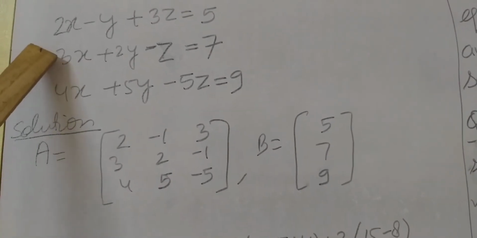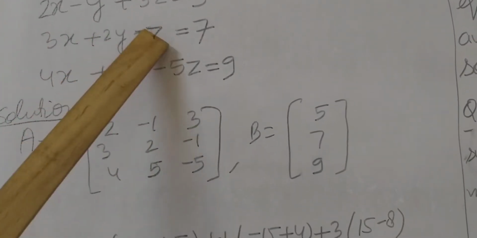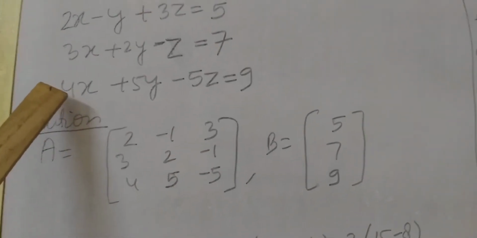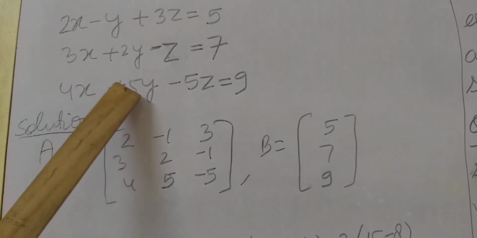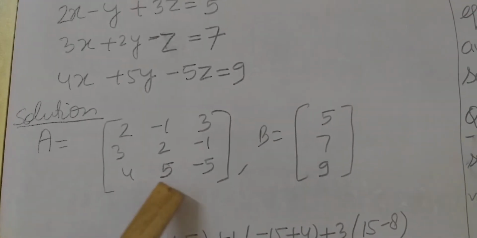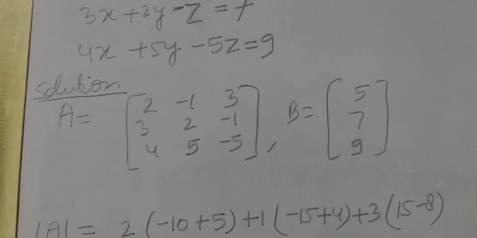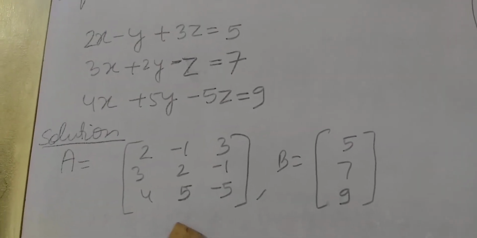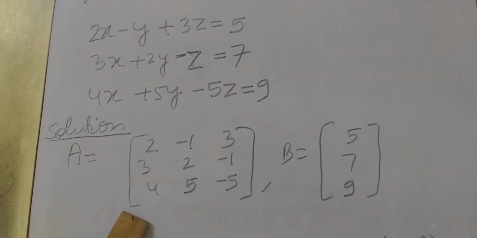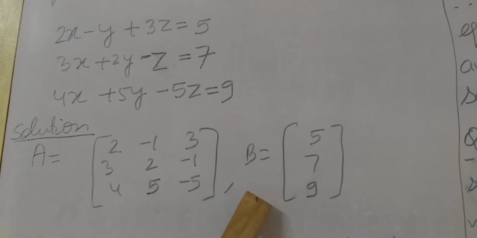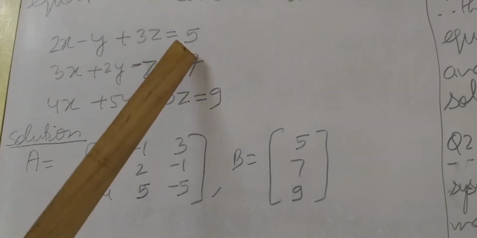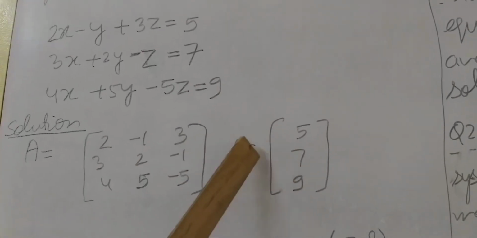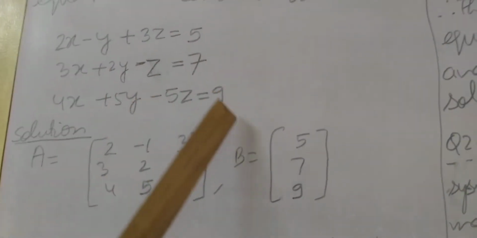Now in row 2 we have to arrange 3, 2, minus 1. Now in the third row we have to arrange 4, 5, minus 5. So this is the matrix of coefficients of x, y, z. Now B equals these constant values, which form matrix B: 5, 7, 9.